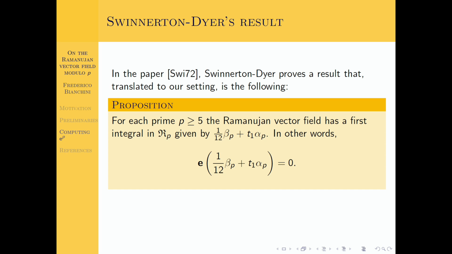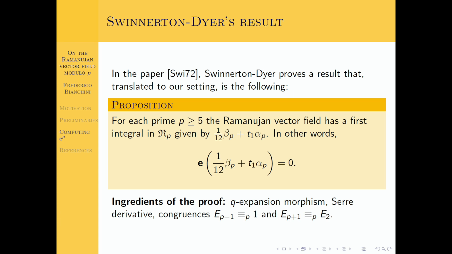This polynomial here, 1/12 beta_p plus t1 alpha_p, is the first integral of the Ramanujan vector field. The ingredients of the proof are the q-expansion of the series, the Serre derivative, and the congruences that we already stated.